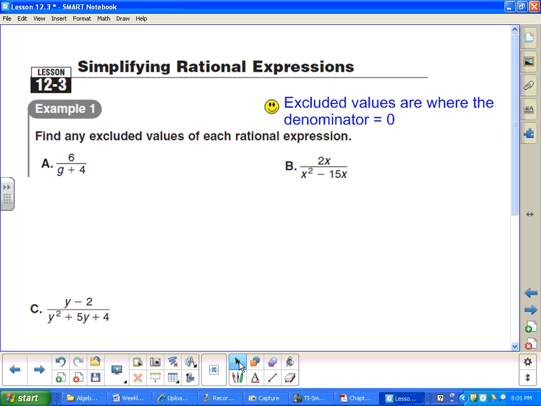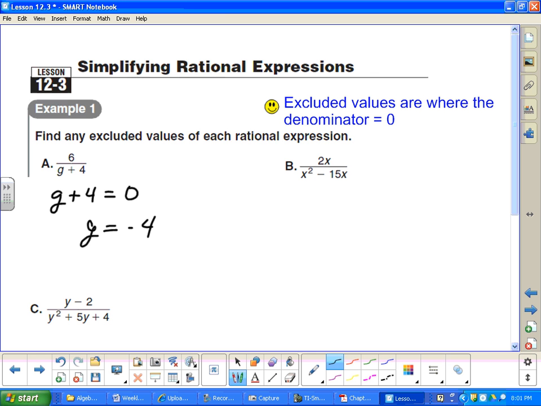So for letter A, we take the denominator and say g plus 4 equals 0. If we solve that, we get g equals -4. So the excluded value is -4.